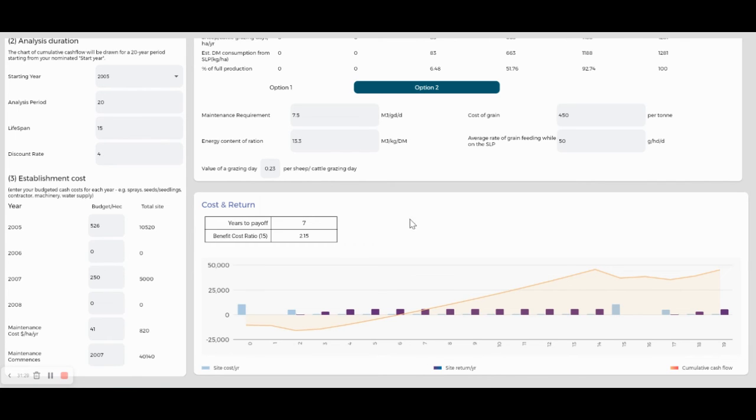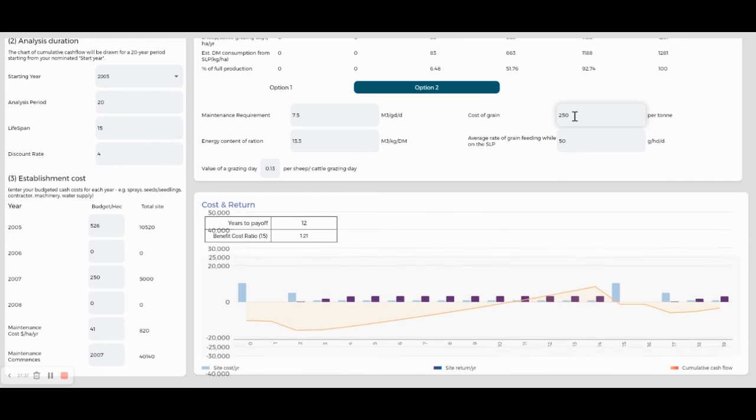Likewise, if we were to reduce the value of the grain down to $250, the net value of investing in Saltland pasture, the cumulative cash flow, reduces down to around $7,000, and the years to pay off is now 12 years. So we see that the value of having an alternative feed source on the farm is very dependent on the value of grain.